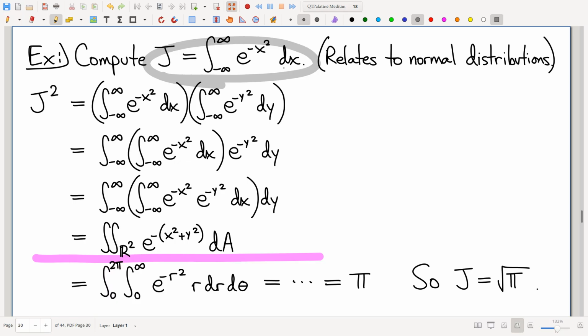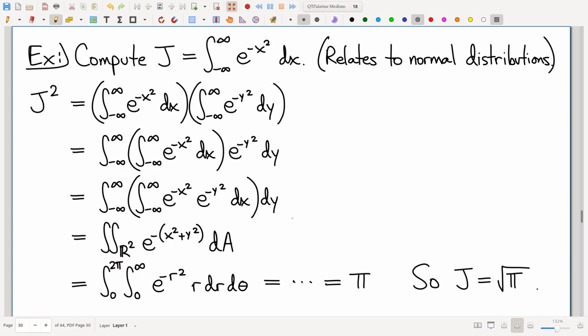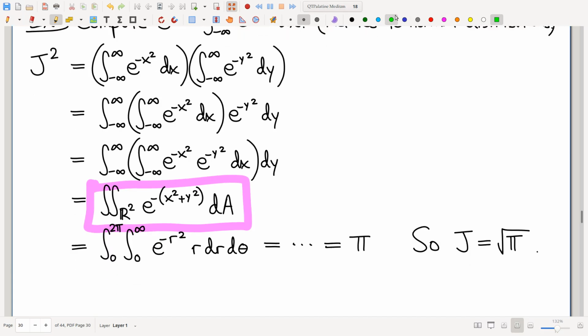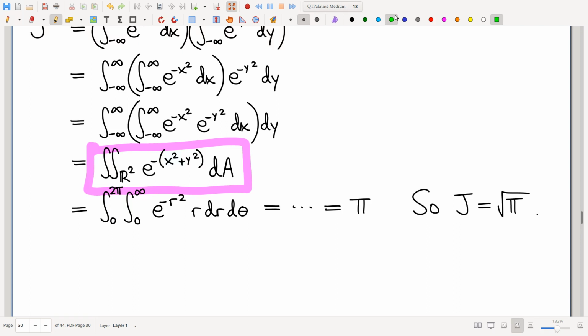Weirdly, sometimes you get lucky and things turn out nicely. So having gotten down to this point, what do we do here? The slick move, and the reason I'm showing you this in the section on polar coordinates, is that you just rewrite this in polar coordinates, and that's all I did. I just rewrote in polar coordinates: dA equals r dr d theta.